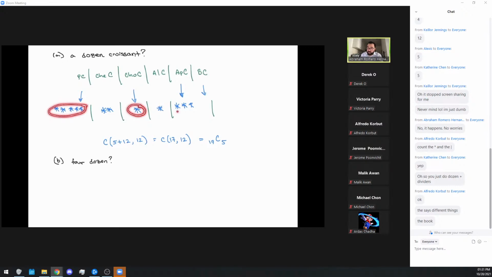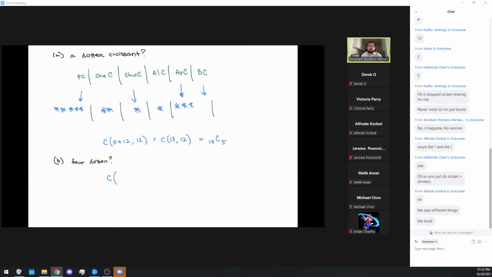So I could have done 16 here, and that's 38. So I could have done 5 here and then 5 here. In other words, it's still a way of rearranging the dividers and the donuts. So if I wanted to find a solution, it's a combination of, well, how many donuts are we selecting?